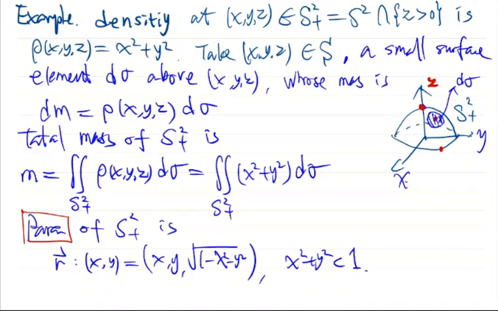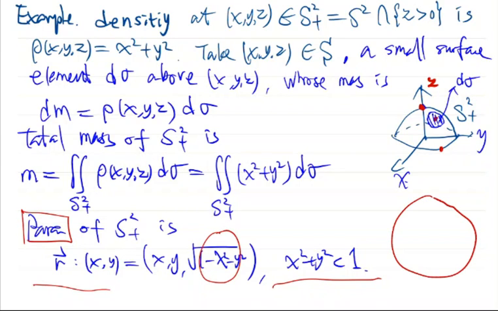We pointed out that this r is not a parametrization, because the partial derivative with respect to x and with respect to y is unbounded near the boundary of the domain, that is the unit disk. But even though, we can still use this to compute the surface integral. Okay, because we can approximate.